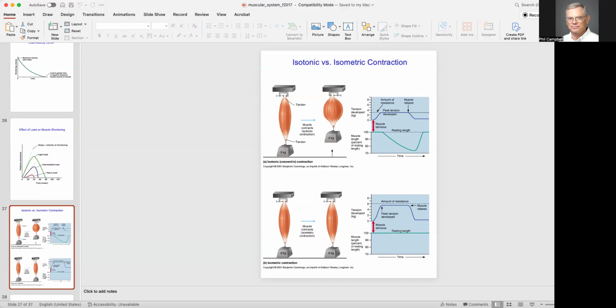Now, in isometric, let's further increase the load. Let's increase that load from 3 kilograms to 6 kilograms. Now we're going to induce contraction. We're going to stimulate 3 kilograms. That's not enough. We're going to up it. Our maximal contractile force is 5 kilograms force.